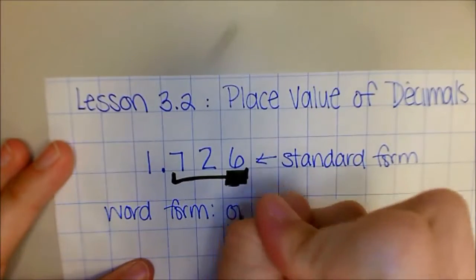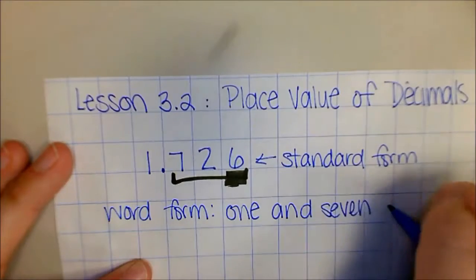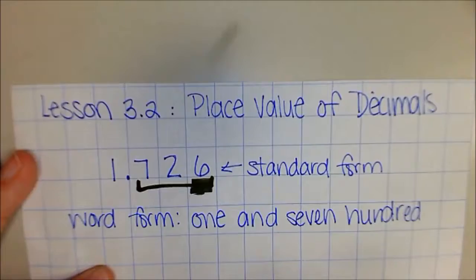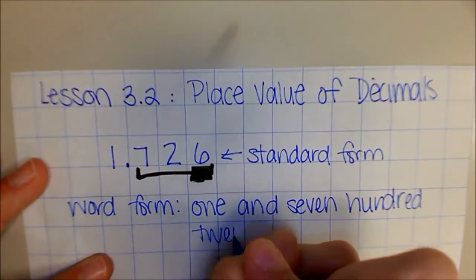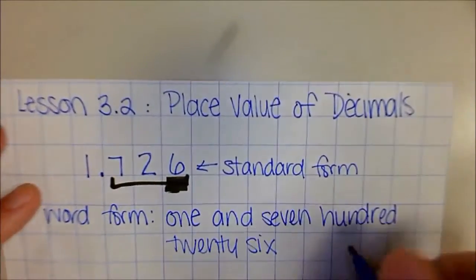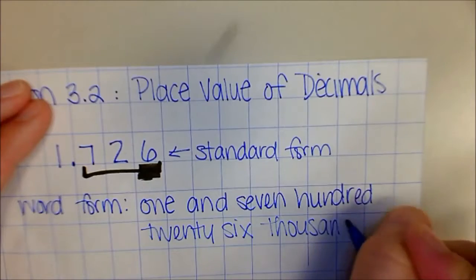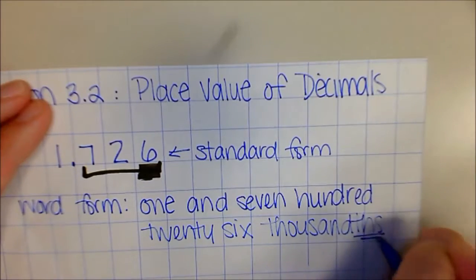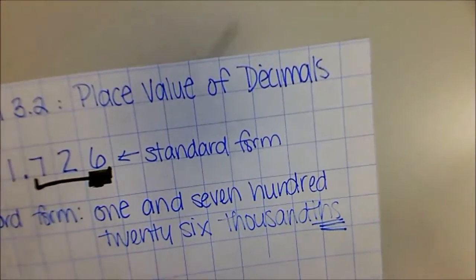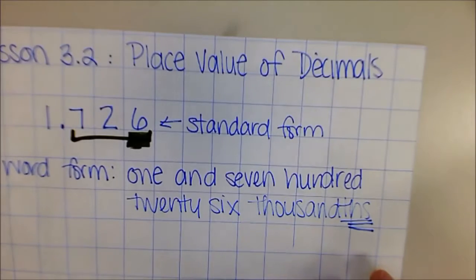So I'm saying 1 and 726, and I need to put the place value of the last number, which is thousandths. When we are in decimal world, we add a THS to tenths, hundredths, and thousandths. That's how we know that this is a decimal.